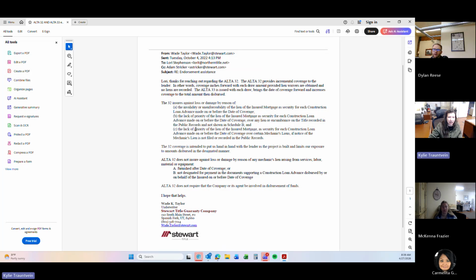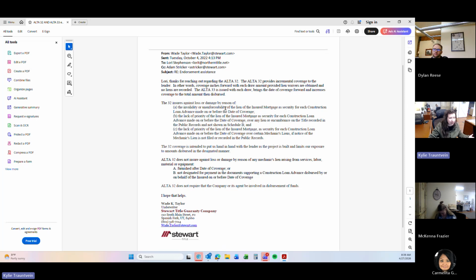Here, he laid out exactly, in the language that's in the endorsement, what the 32 does cover. So it covers if the mortgage or construction loan is not enforceable as a valid lien against the land.